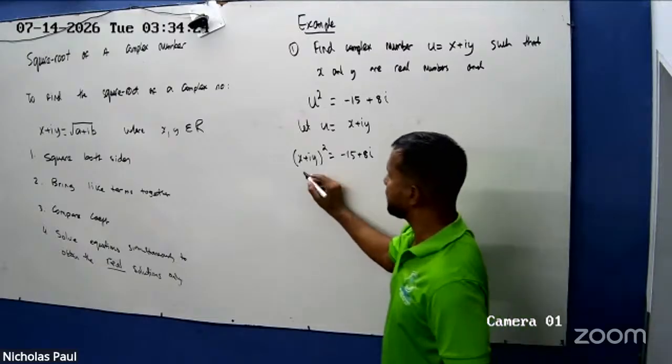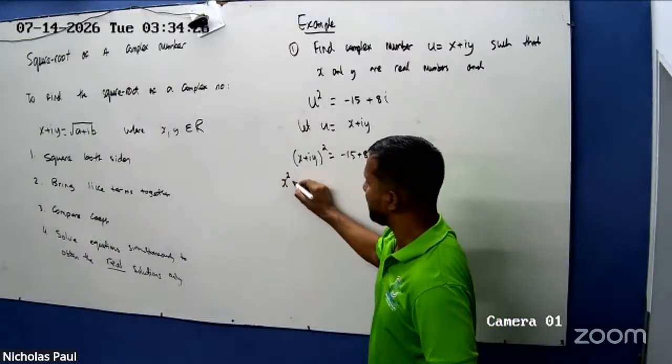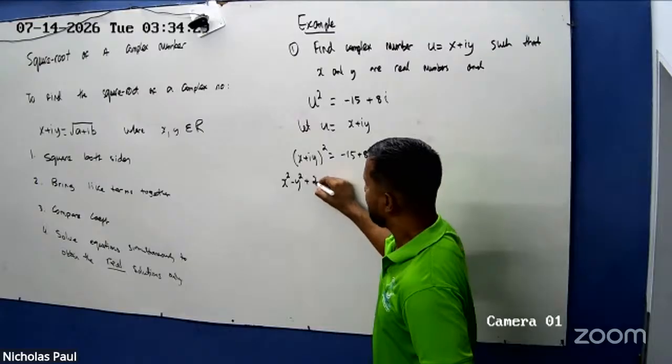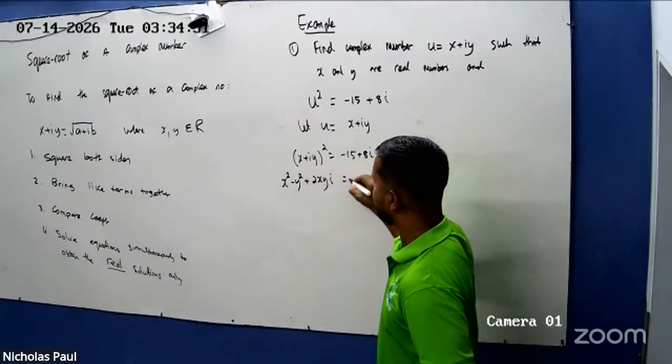When you square this out, you'll get x squared minus y squared plus 2xyi.